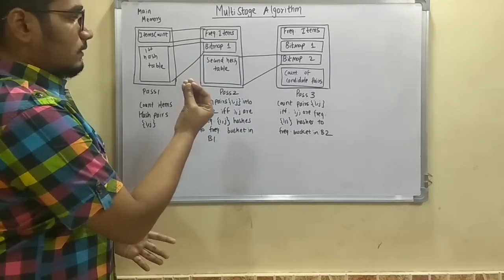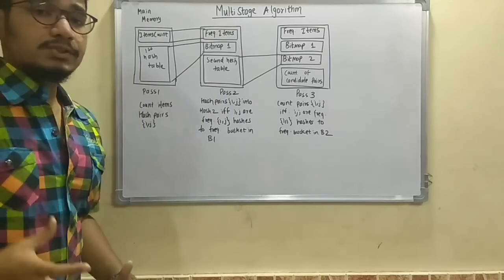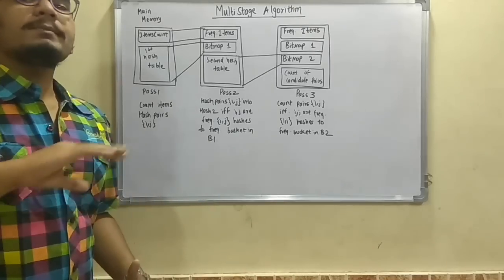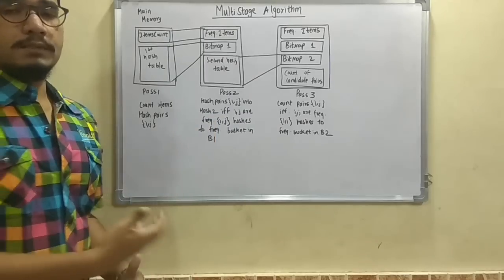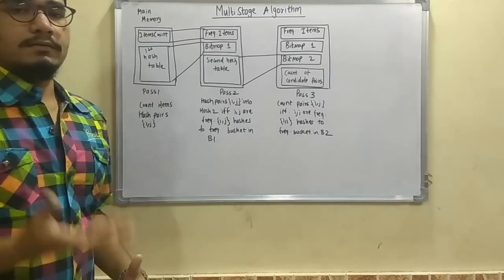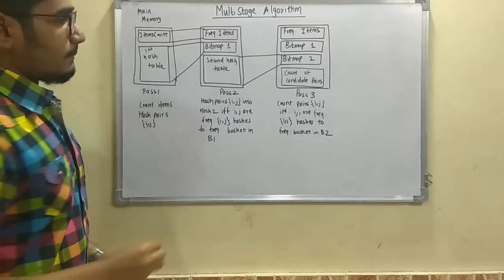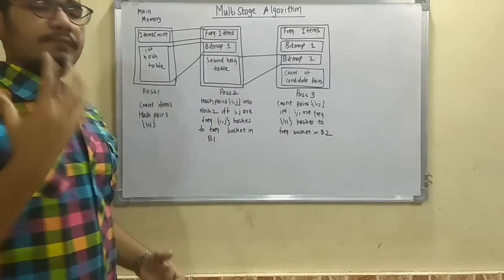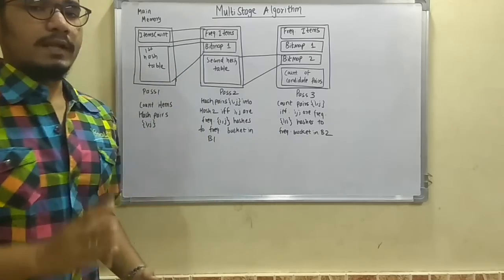In pass 2 we had the secondary hash table, and this secondary hash table will be mapped to a bitmap vector 2. This bitmap vector 2 will be the final bitmap vector. Obviously you can have many hash tables in between, and the final pass, pass 3, will be declared as the final map to the candidate pairs. And finally we have the count of candidate pairs which we had in the PCY algorithm. That's just a slight difference.